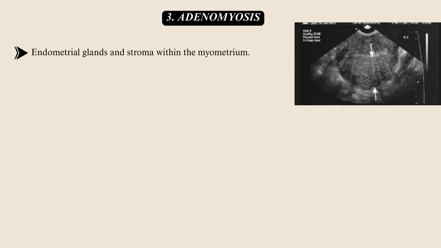Adenomyosis. Adenomyosis is the presence of endometrial glands and stroma within the myometrium. It is associated with dysmenorrhea, menorrhagia, and infertility.